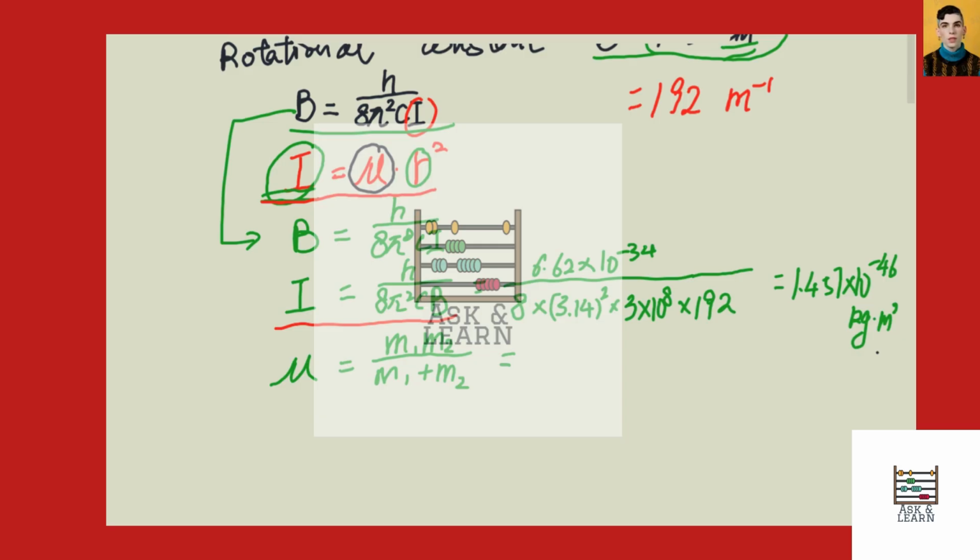So let's do M1 is carbon and its mass is 12 times 1.66 times 10 to the minus 27, times the mass of the oxygen, which is 15.99 times 1.66 times 10 to the minus 27, over the addition. Let's write it down again for your convenience, plus the mass of the oxygen.